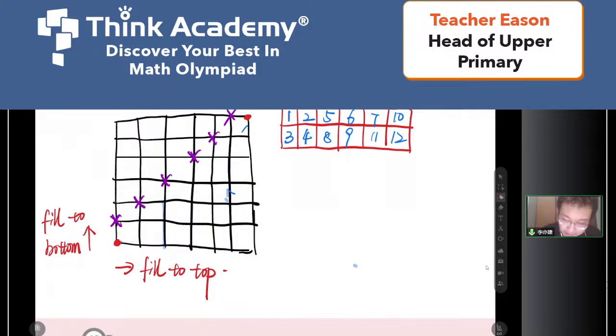So all the points in this whole zone are not usable. If we go into this zone, the bottom is larger than the top, which makes a mistake.